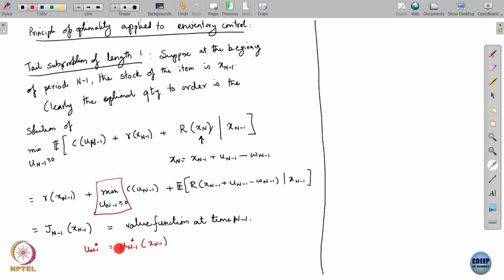It will turn out that this is also the component of the optimal policy for the overall problem. So, implicitly we are getting the value function, and in the process of calculating it we are also obtaining the optimal inventory policy to be chosen from that time onwards.